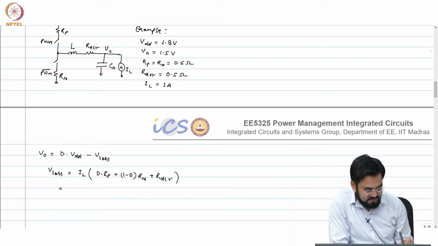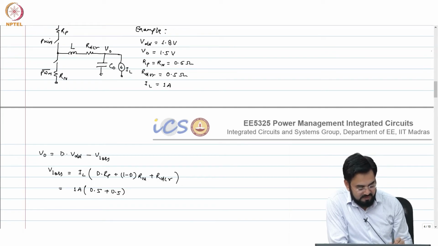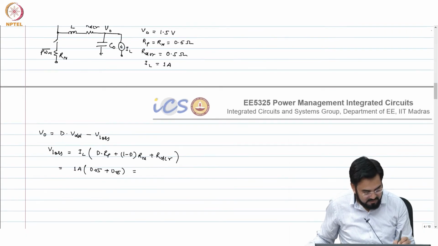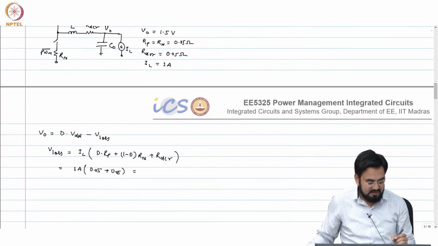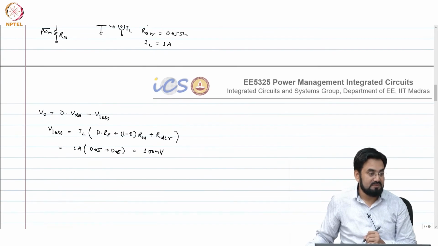With IL equal to 1 amp, this will become 0.5 plus 0.5, no sorry, 0.5 is too high. So, 50 milliohm, correct. So, this is 100 millivolt.